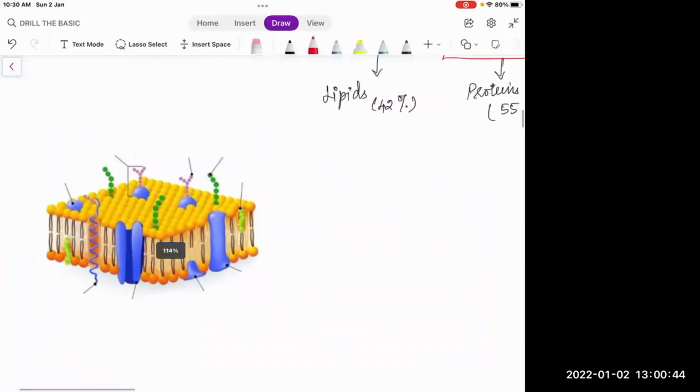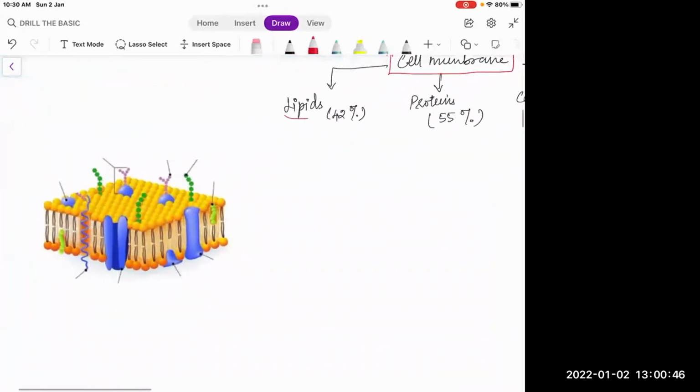Now we will move on to the details of lipids first. The lipids are made up of phospholipids, cholesterol, which are different types of lipids, and trace amounts of other forms of lipids. Among these, phospholipids play a major role in the formation of the cell membrane.